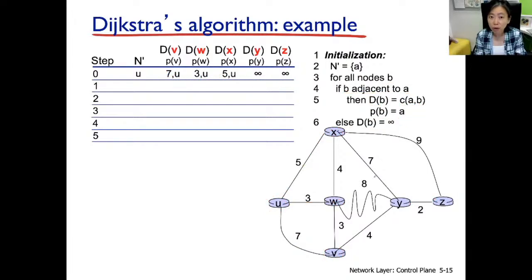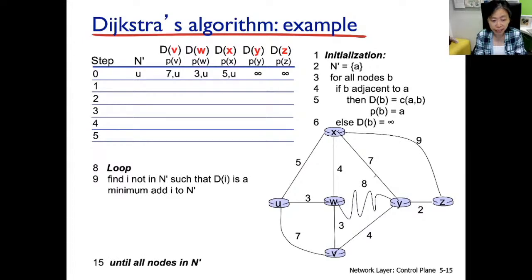Now, entering the looping phase. The first thing we do in the looping phase is what? To find the i that is not yet in N prime such that the shortest distance to i is the minimum, and we add that i to N prime. So let's go over the di: 7, 3, 5, infinite, infinite.